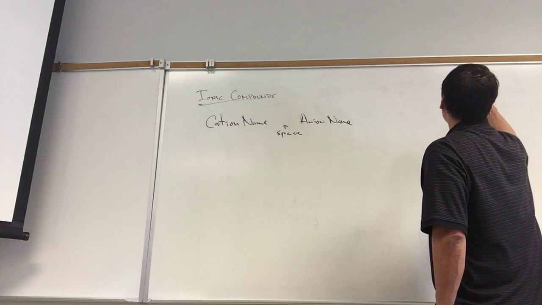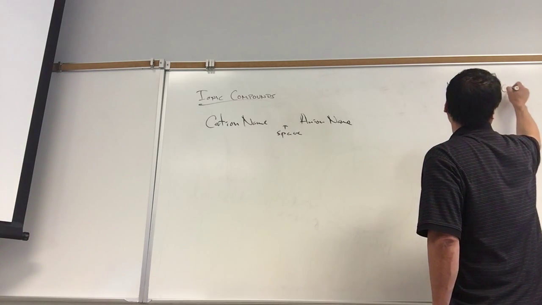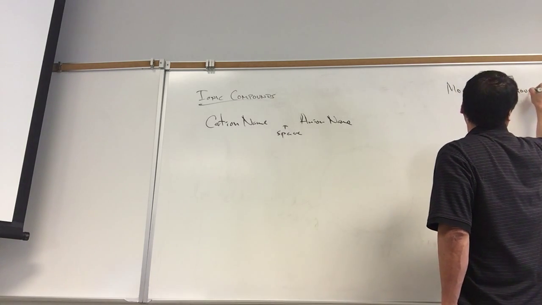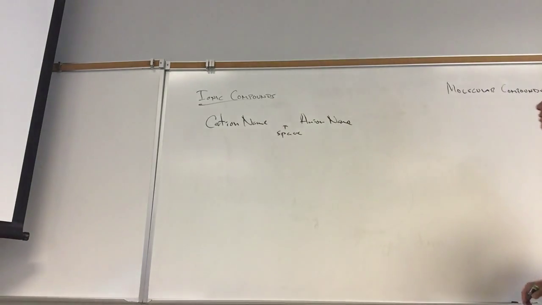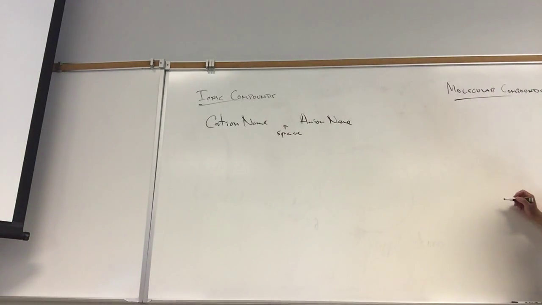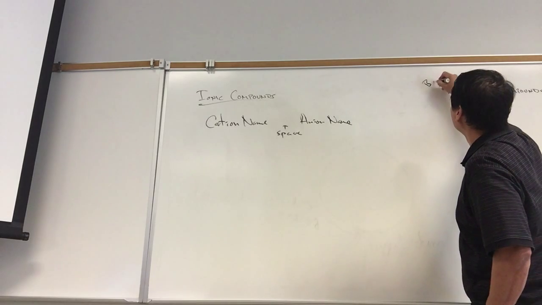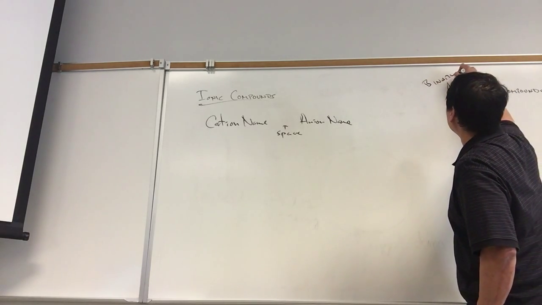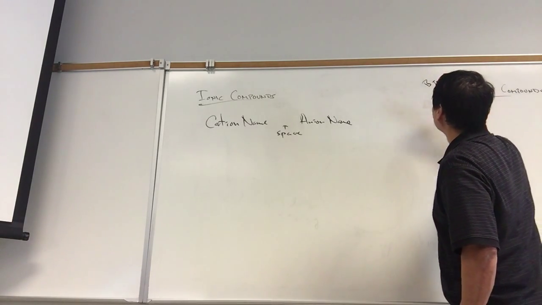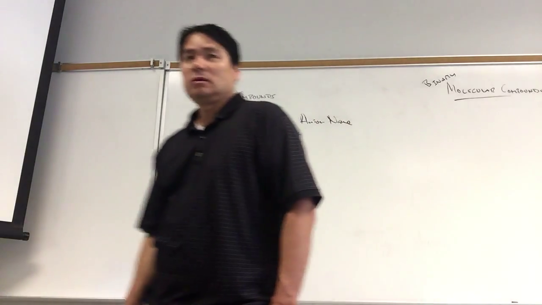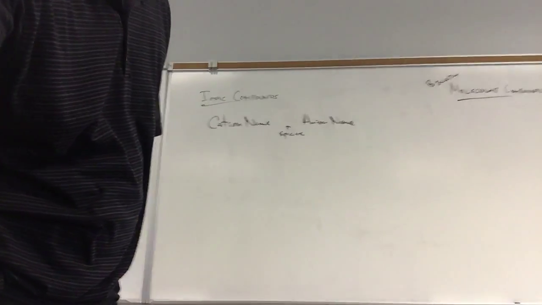For molecular compounds, how do we name those? Well, we have a simple set of rules for molecular compounds. These are for binary molecular compounds. Binary stands for what? Two elements. The compounds are made of two elements.